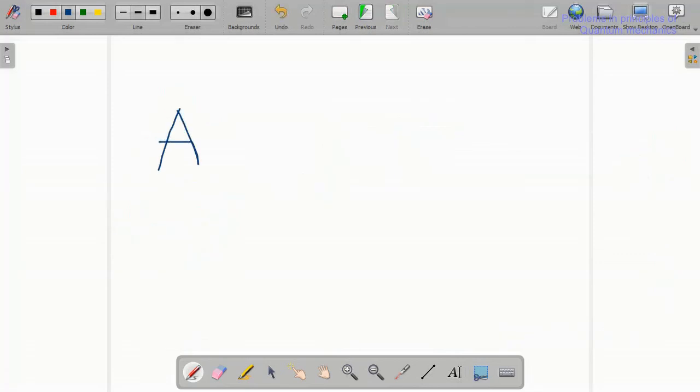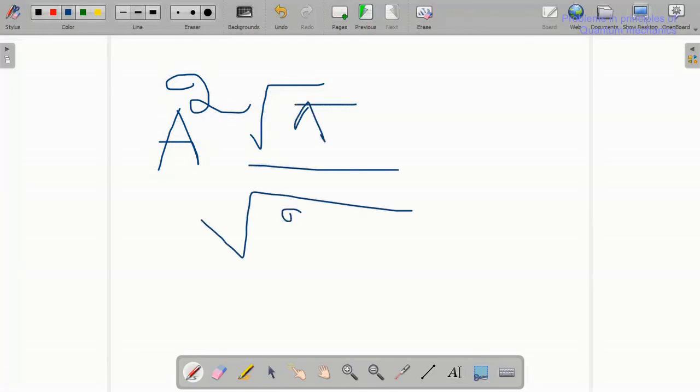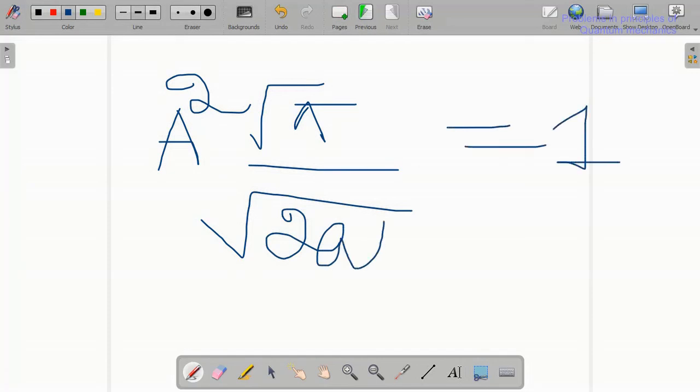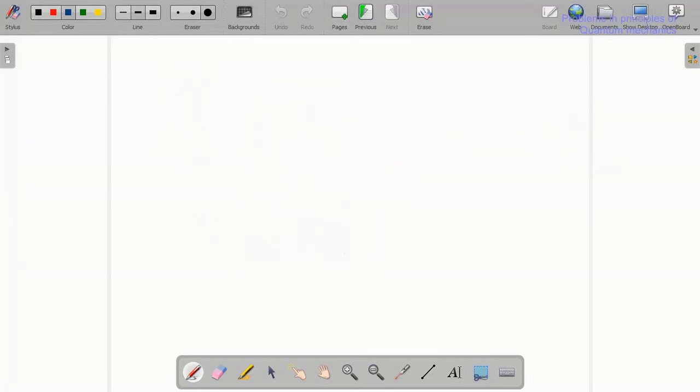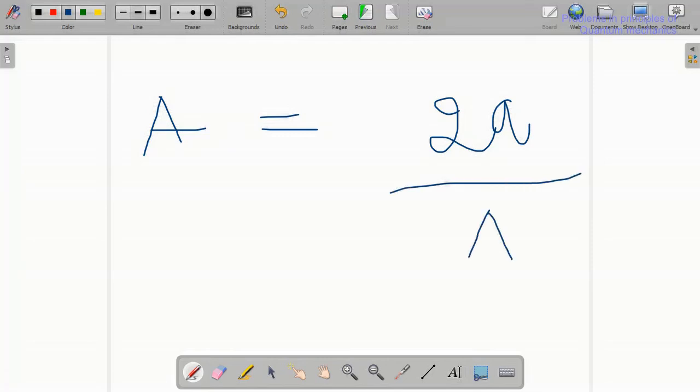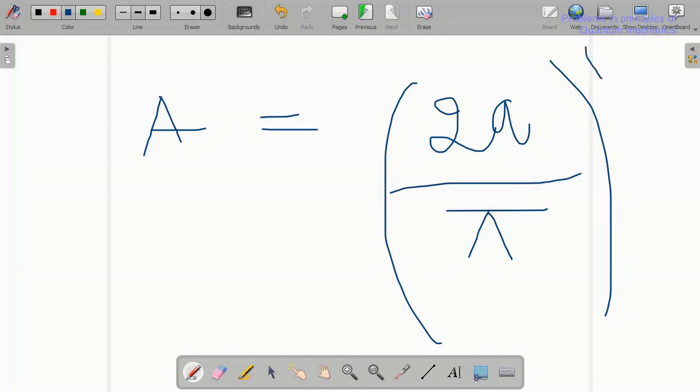So a square root pi by root 2a is equal to 1, or a is equal to 2a by pi whole power 1 by 4.